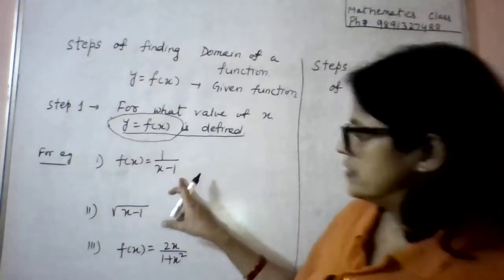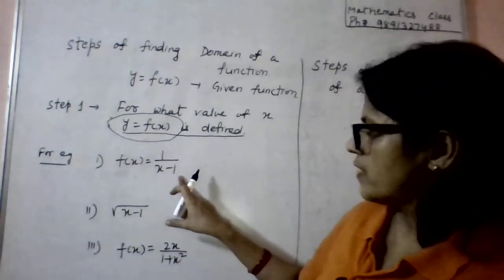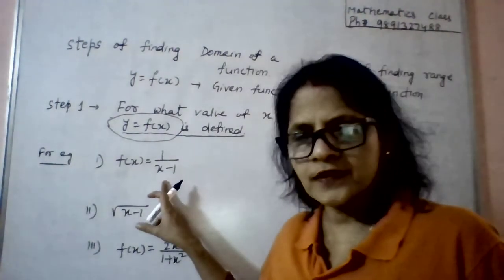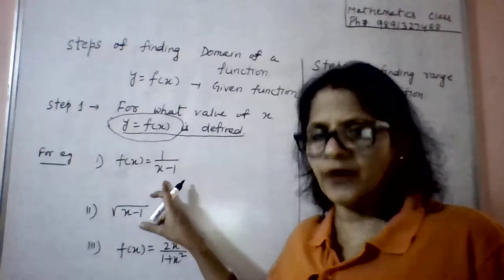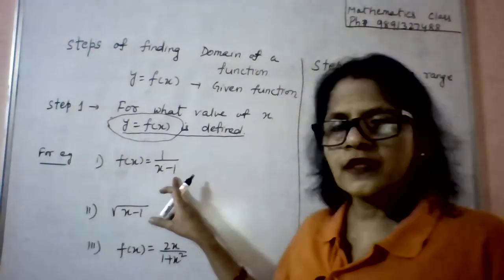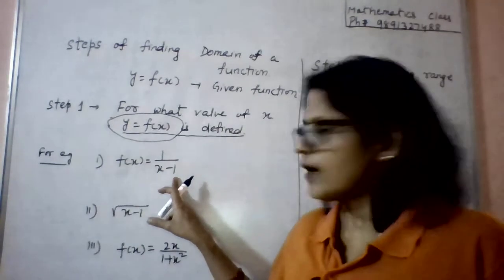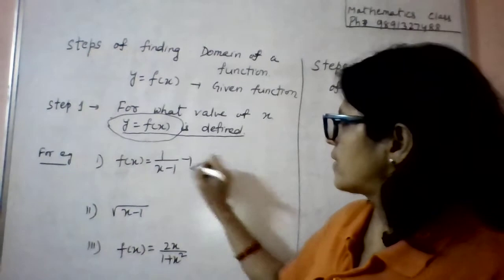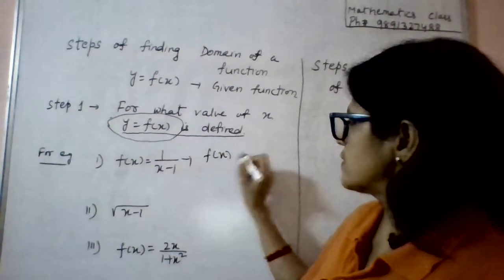As you can clearly see, 1 by x minus 1 is defined for every value of x except x equal to 1, because if x equal to 1, x minus 1 will be 0 and you are getting 0 in the denominator.